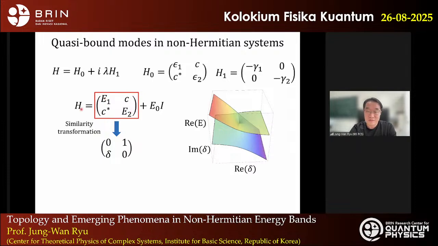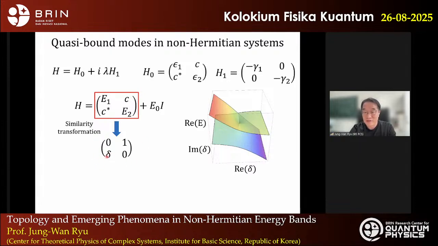And if this effective Hamiltonian has an exceptional point, this matrix can always be transformed to this kind of Jordan normal form by a proper similarity transformation. We cannot use a unitary transformation because this is a defective matrix when delta equals 0. So we have to use the similarity transformation. We can always transform into this kind of form.